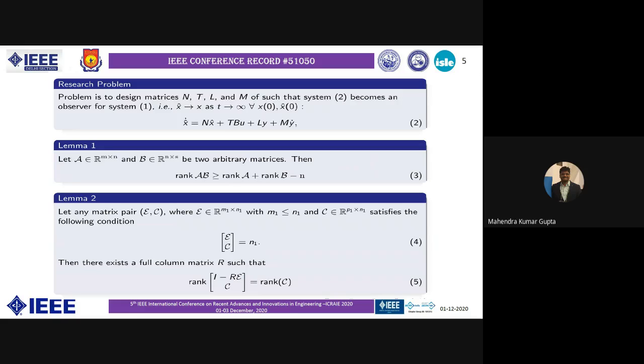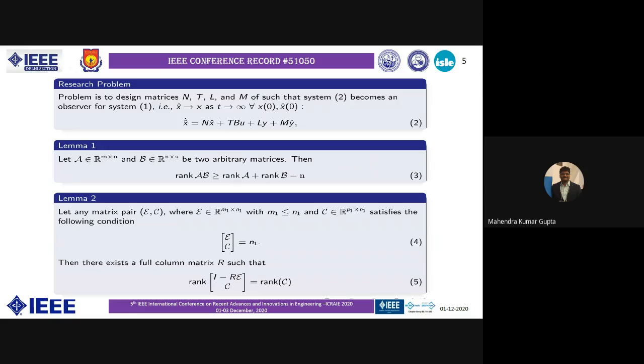So system 2 is written as following, and system 1 is already written in the previous slide. If system 2 is an observer for system 1, we have to design the coefficient matrices in such a way that x hat approaches x as t goes to infinity for all initial conditions of system and all initial conditions of the observer.